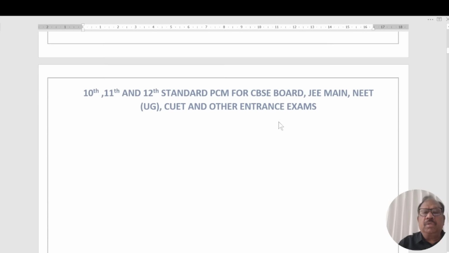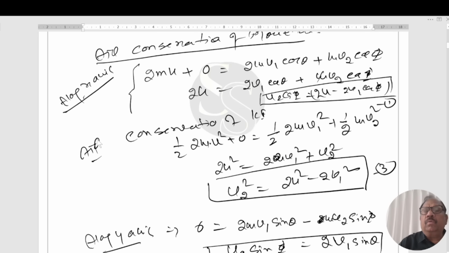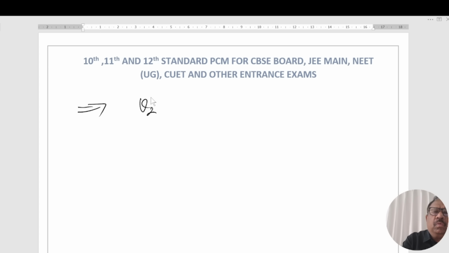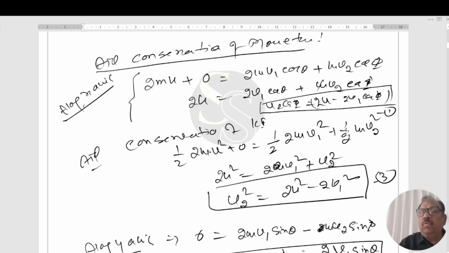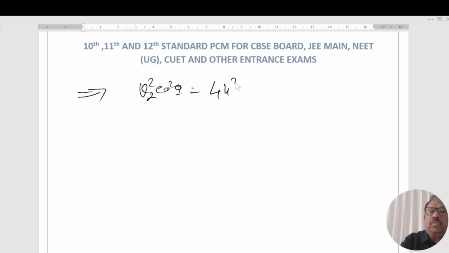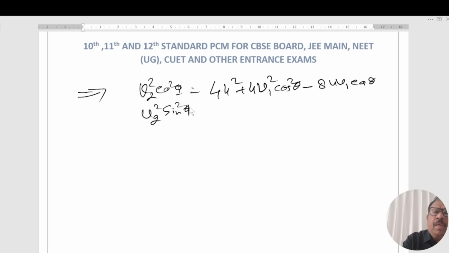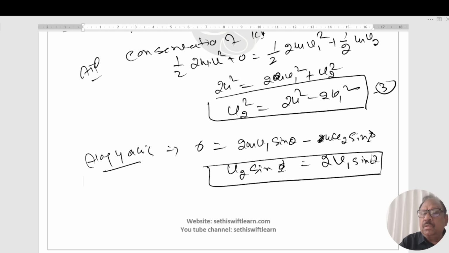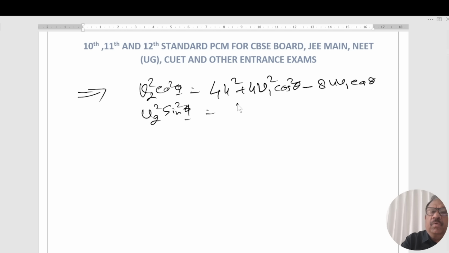Now squaring and adding 1 and 2. Squaring 1: v2 square cos square phi equals 4u square plus 4v1 square cos square theta minus 8u v1 cos theta. Squaring 2: v2 square sin square phi equals 4v1 square sin square theta, right?